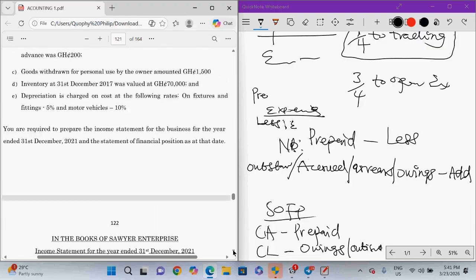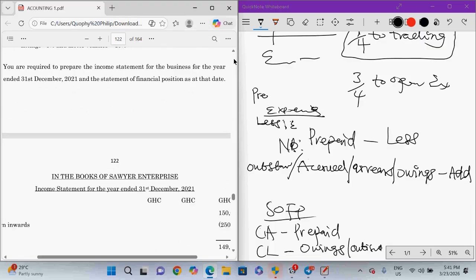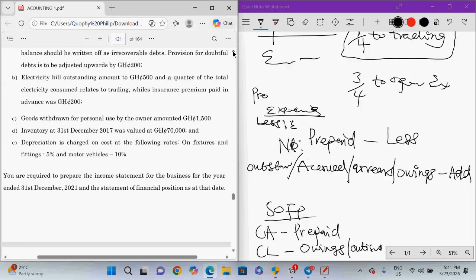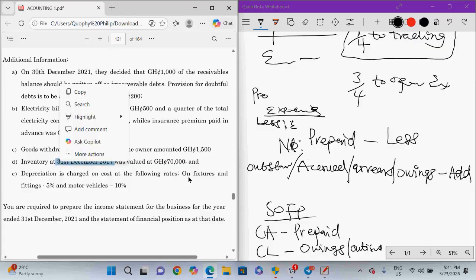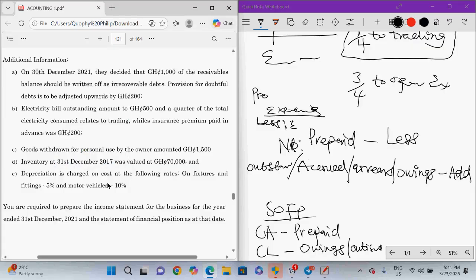Go to additional information. We have the inventory at the end, 31st December, valued at 70,000. Then we have depreciation charged at the following rates on fixtures and fittings, motor vehicles.